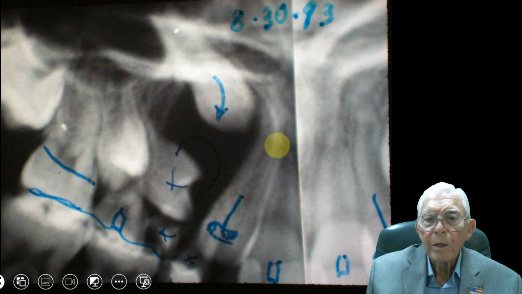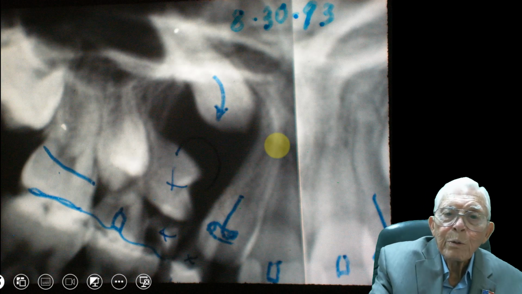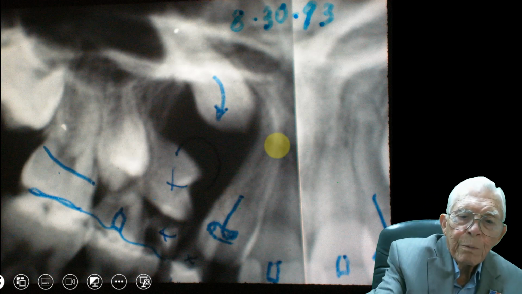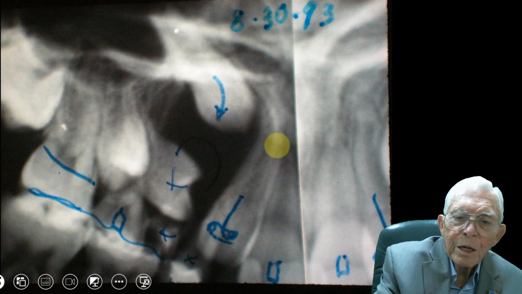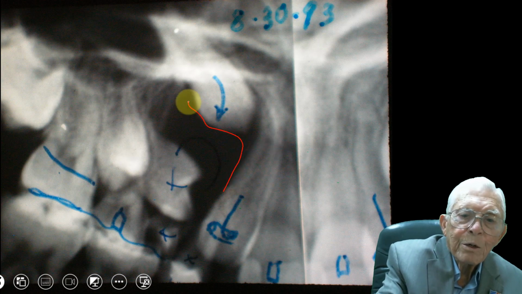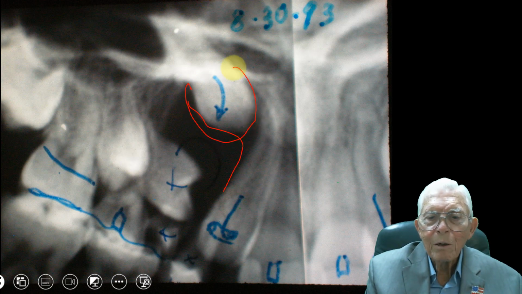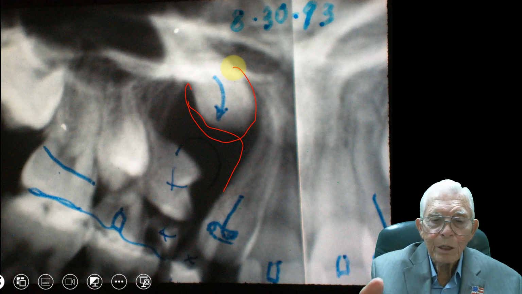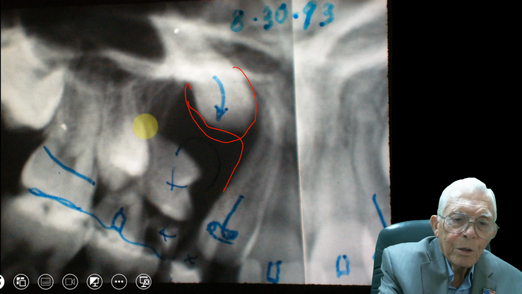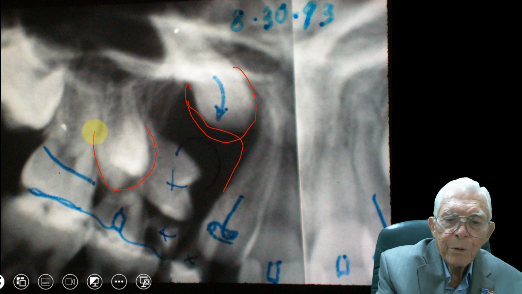All right, here's where that tooth was pushed. You see, it pushed it up to there. And this is a follicular cyst around this, pushing, and this is a follicle around that. So it's two cysts, or a follicle, which is a cyst. All the teeth have a little sac like that. They come through.